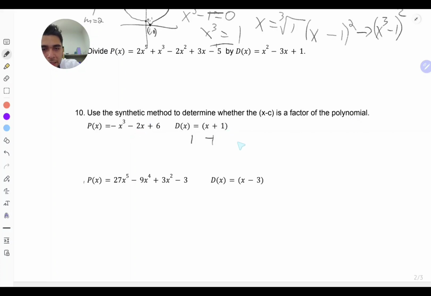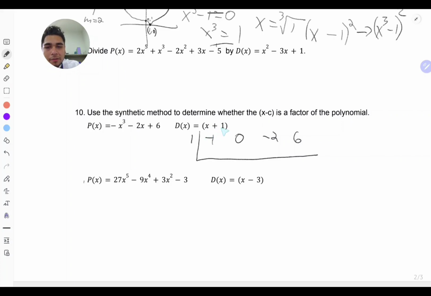We have a coefficient of 0. Why do we have a coefficient of 0? Because there is no x squared in this case. So that's a coefficient of 0. Our coefficient for x is just negative 2, and our final coefficient is 6. Now, with that being said, we can set up our division like so.